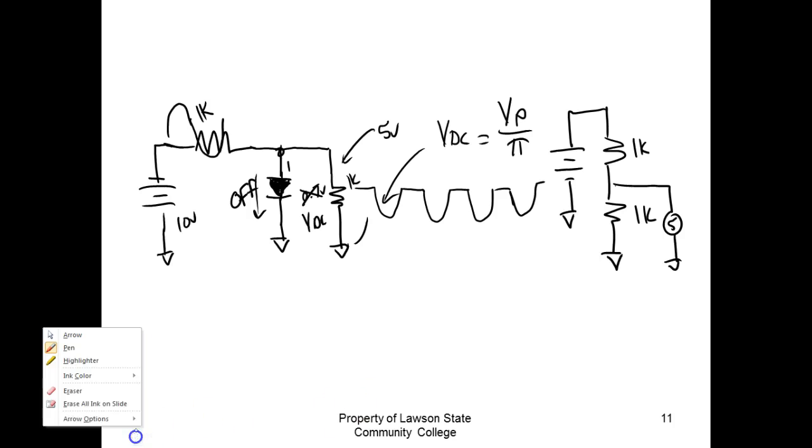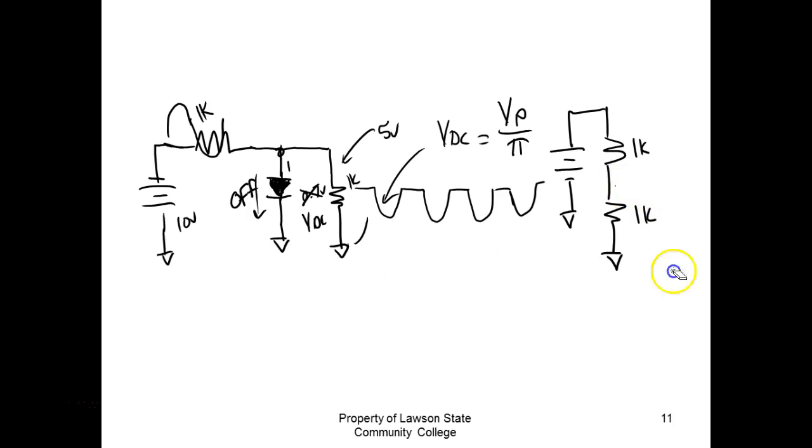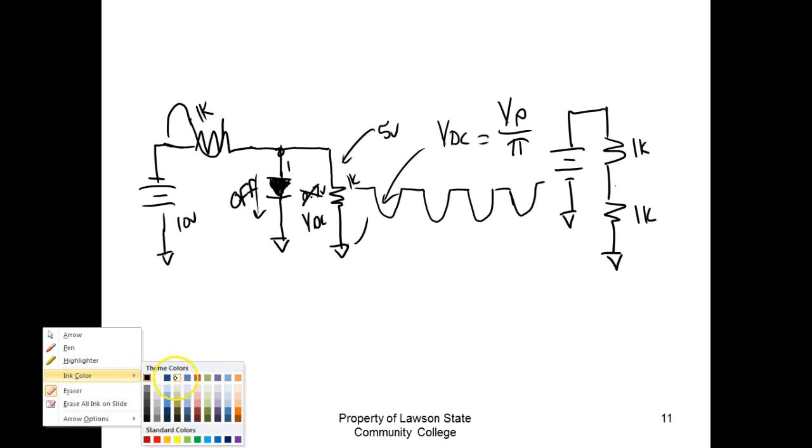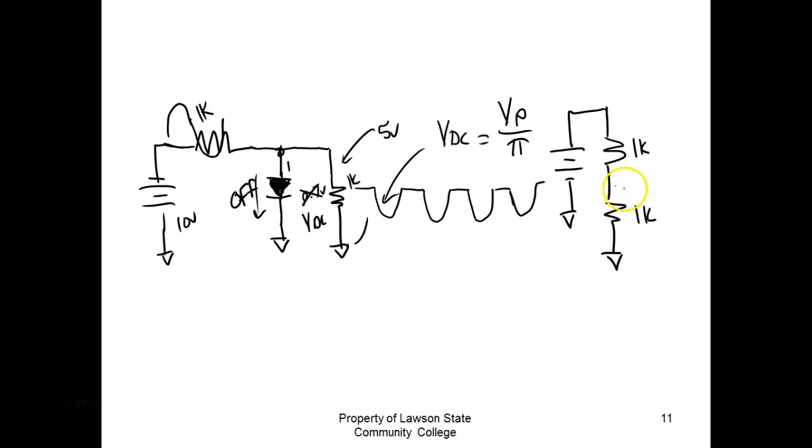Now, if the diode is forward biased, then the circuit changes. So that would generate a neat signal. If we forward bias it, then basically we end up with this circuit right here.